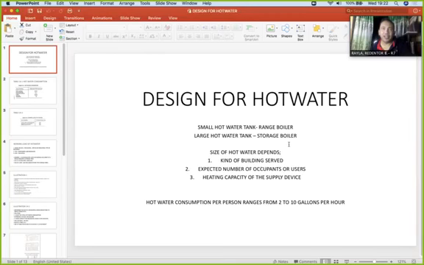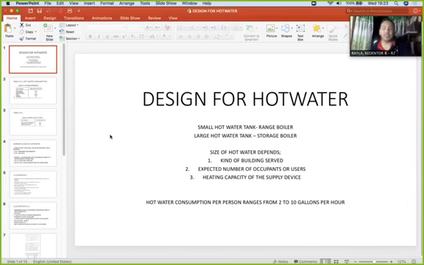But in small buildings, a small resort, you can use a smaller heater. And you can even have air conditioning, which functions as a cooling and heating system. Hot water consumption per person ranges from 2 to 10 gallons per hour.